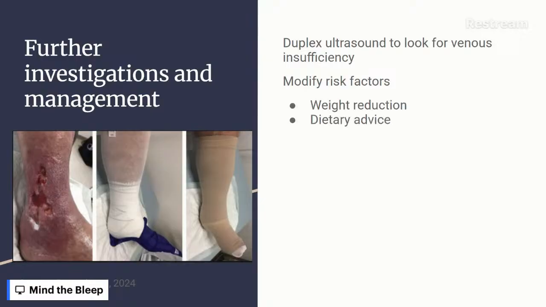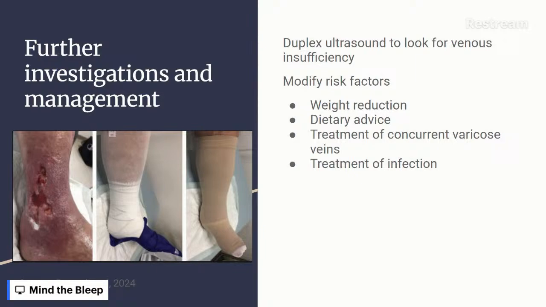It's important, though, to also treat any underlying infection. So venous ulcers are kind of a breeding hub for bacteria. They typically can get infected, and it can be a cause of cellulitis of the surrounding tissue. How do we treat venous ulcers?